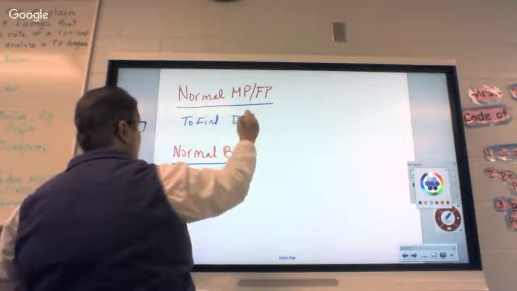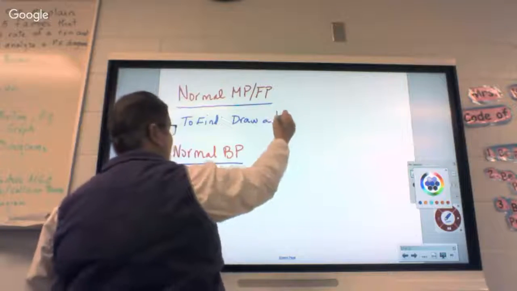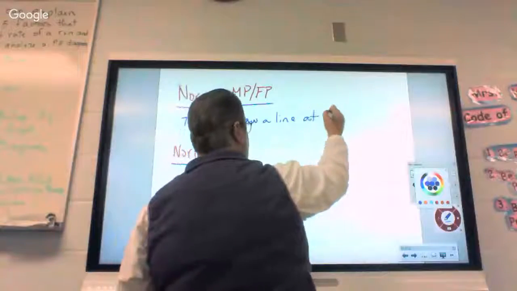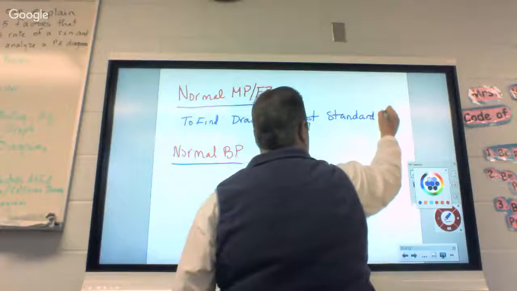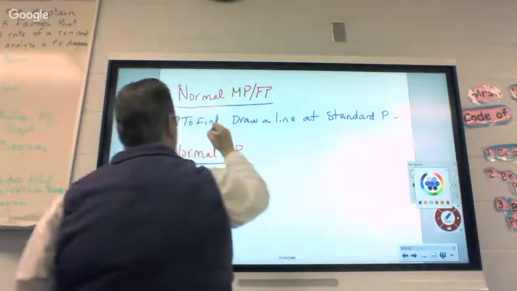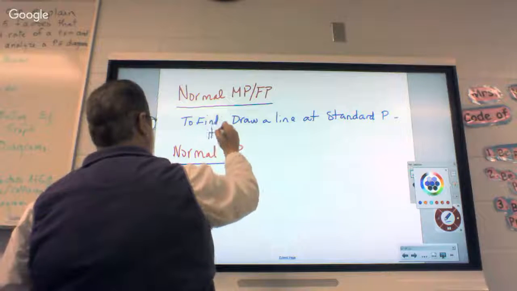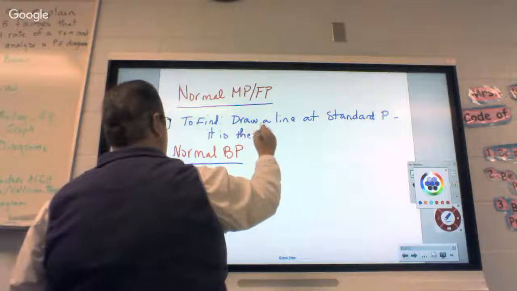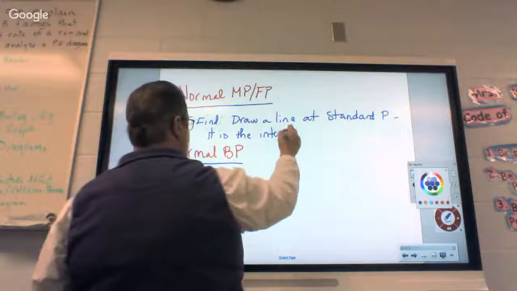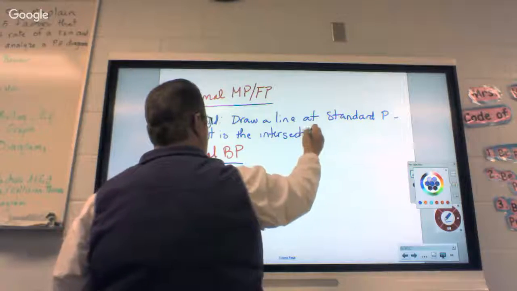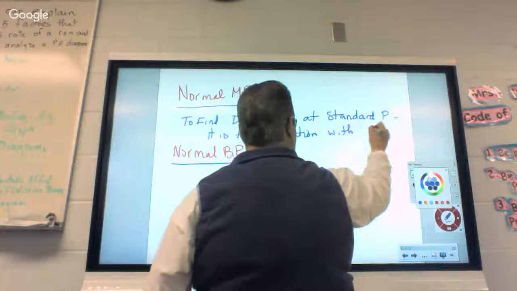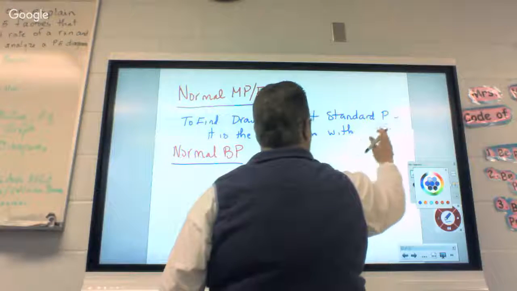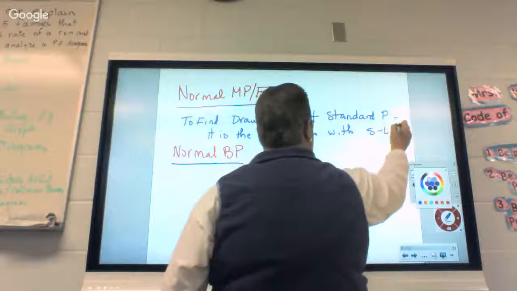All right, draw a line at standard pressure. For the melting point, it is the intersection with the solid liquid line.